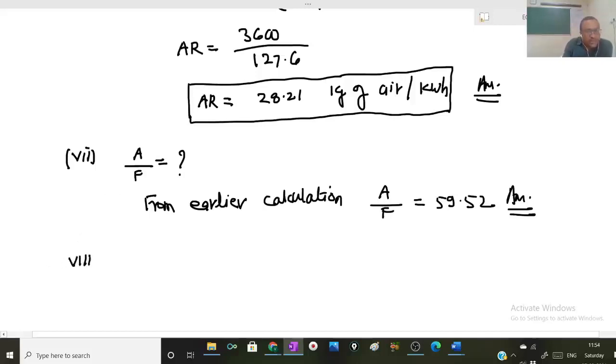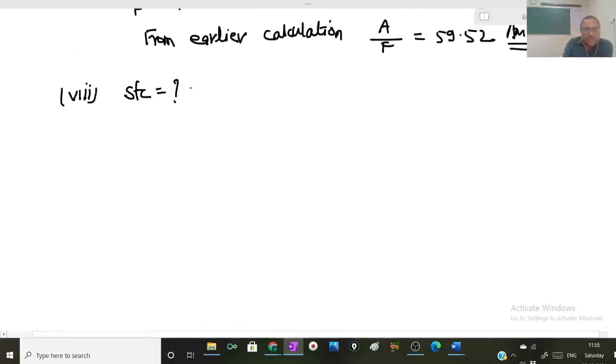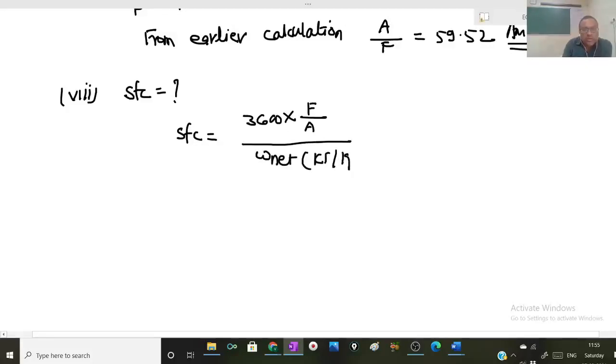Then 8 is specific fuel consumption. The formula for specific fuel consumption is 3600 into fuel air ratio divided by net work output in kilojoule per kg, and the unit will be kg of fuel, remember, per kilowatt hour output. Air rate is kg of air per kilowatt hour output.